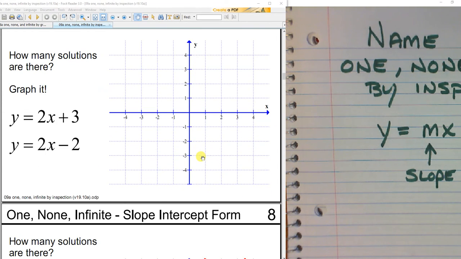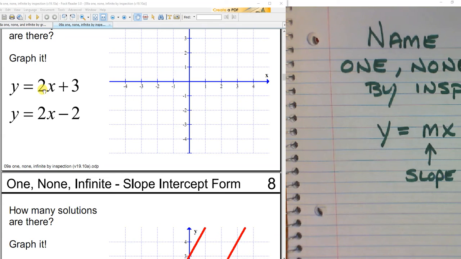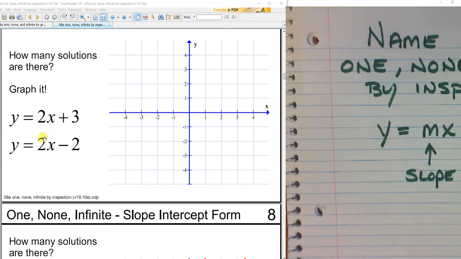So when I look at these two, I could graph them, but I don't want to graph it. Because right away, I can see that they have the same slope, but different y-intercepts. Same slope, but different intercepts, which tells me there will be, let's see, this one starts at 3, goes up 2 over 1.